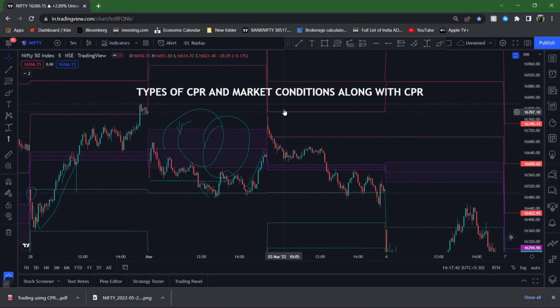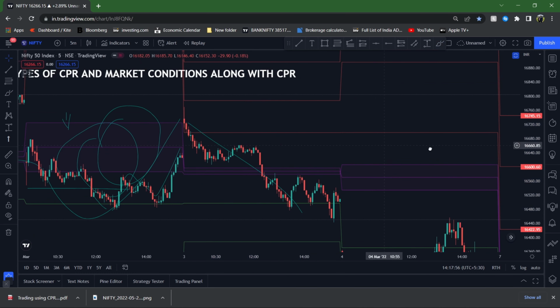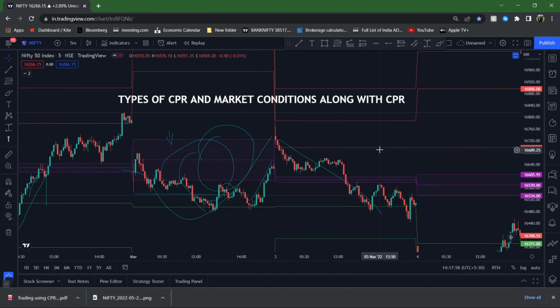Let's say it is a wide CPR, then there will be a different market condition and a different type of trade that day. We'll be talking about that in our next video.